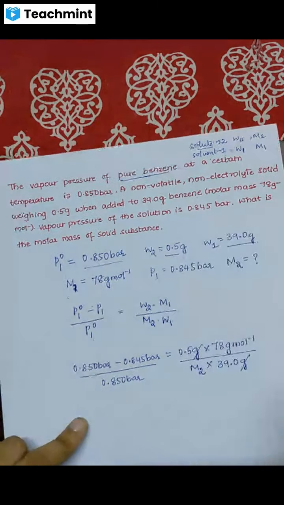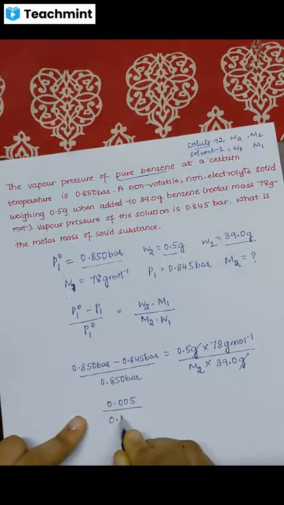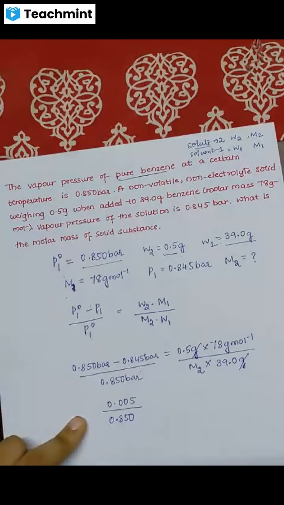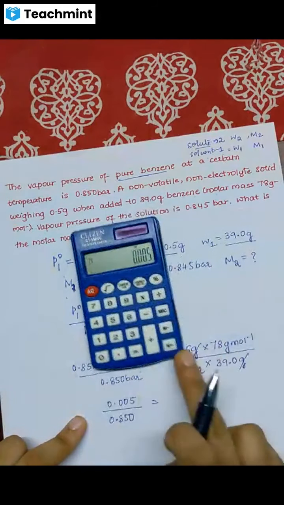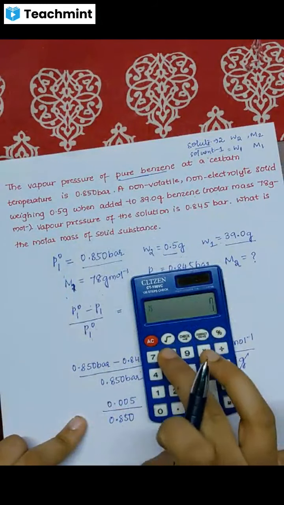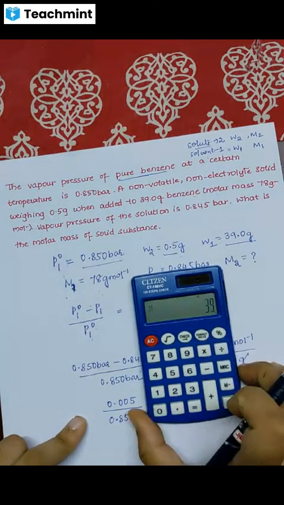So we will substitute this value here, 0.005 divided by 0.850. Both units are similar, so bar and bar get cancelled, which is equal to 78 into 0.5. So we will multiply 78 into 0.5. It is equal to 39.